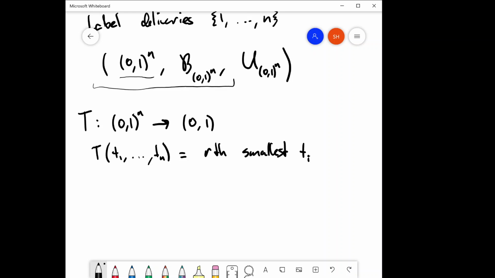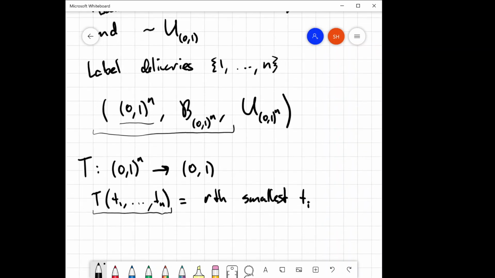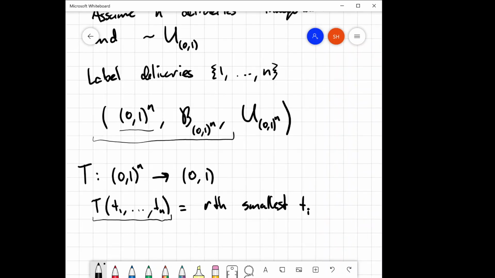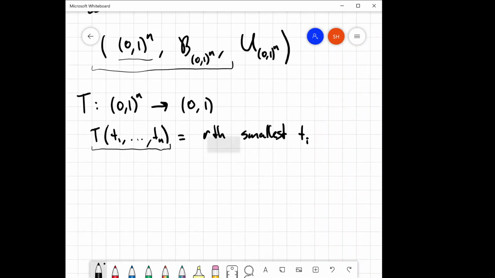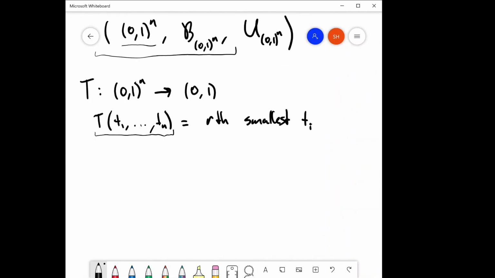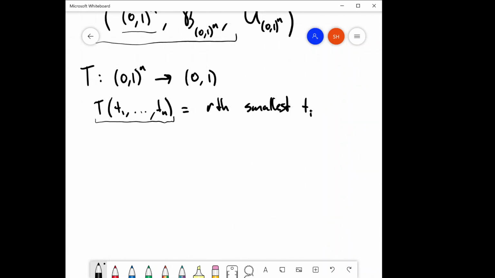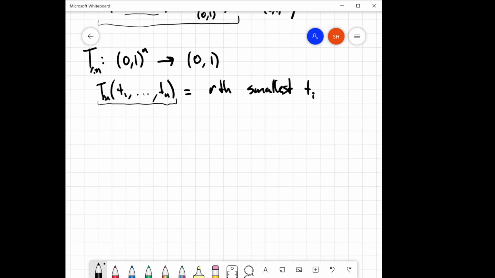And you can check that this function, between the two sample spaces we're considering, is actually a random variable. It's measurable. And therefore we can use it to push forward the measure, but it is a little complicated to do so. So let's just continue and try to figure it out. I'll annotate this with some r and n because we want to keep track of these things.